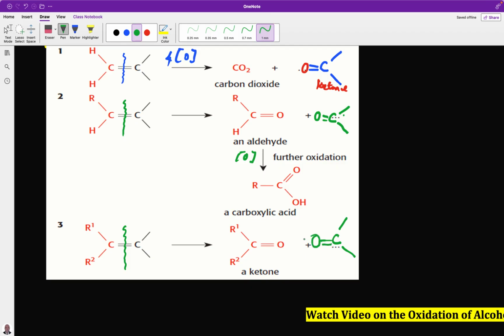But there will be an oxygen there. So all the carbons here, the blacks, will only have oxygen attached to them when there is a breakage of the carbon-carbon double bond.